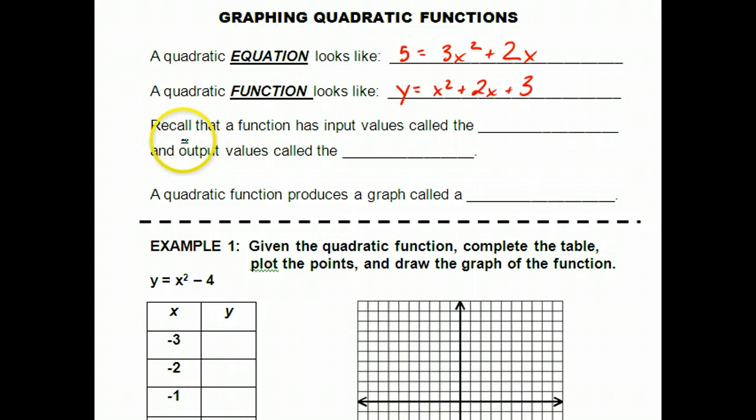Okay, so let's remember that a function has input values. So those inputs are x values. Okay, input is kind of associated with x. It's associated with what's called domain. Input goes with that, and also what's called your independent variable.